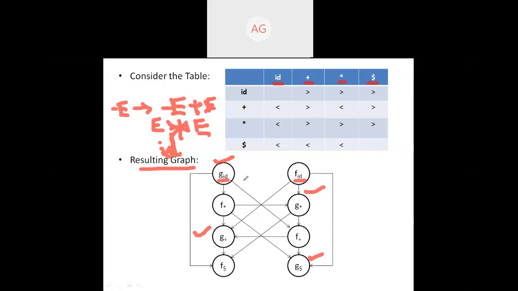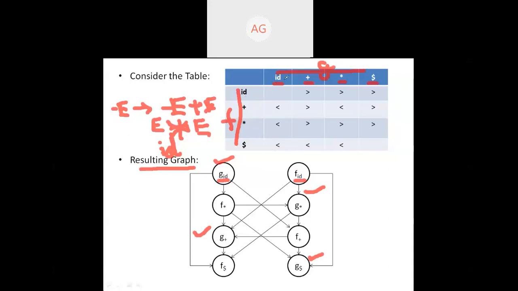Now we are going to give the directions. As you can see here, this is treated as the f function, and the row-wise function is taken as the g function. Now we are taking FID.